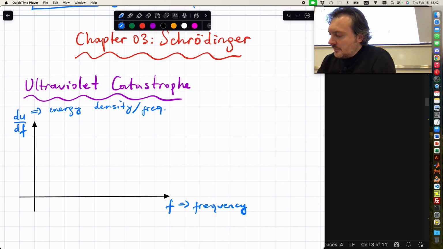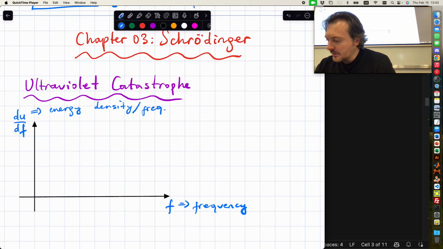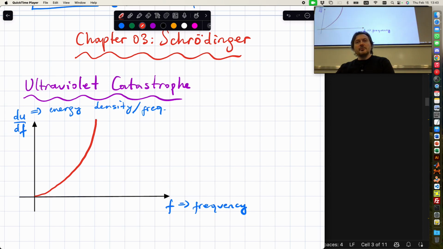So if you draw it, it looks like this. Okay? If you look at the energies, let me draw the wrong one first, because it's easier to draw the wrong one. The wrong one is going like this. It's a quadratic equation.